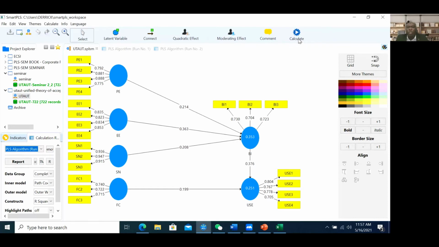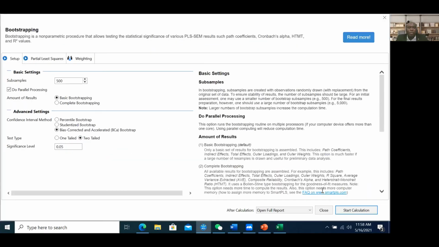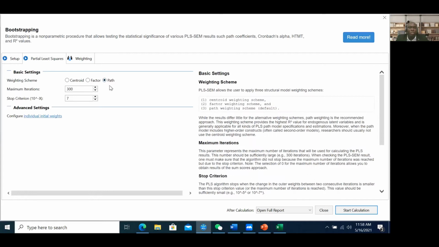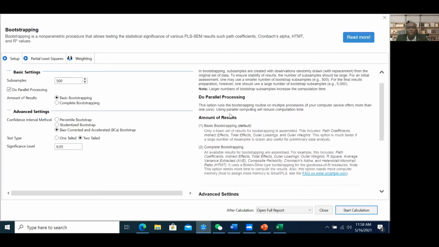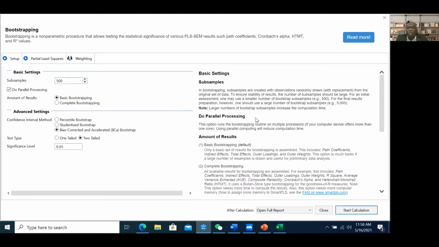We're going to assess the structural model using what we call the bootstrapping. So we click on bootstrapping and then we run the bootstrapping. Make sure it's on path. We start the calculations. The basic things you need to know about bootstrapping are here.